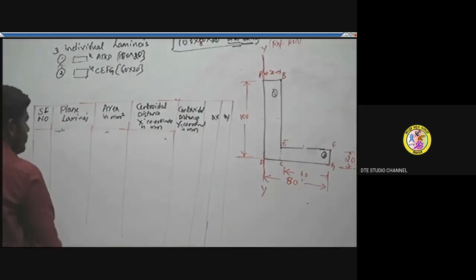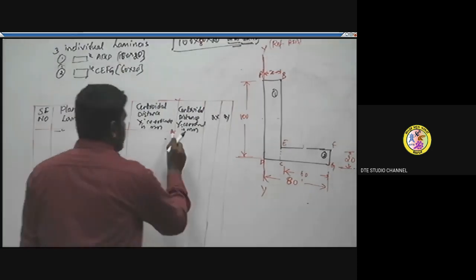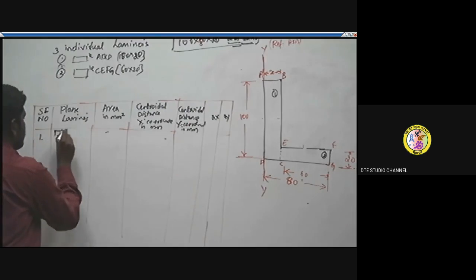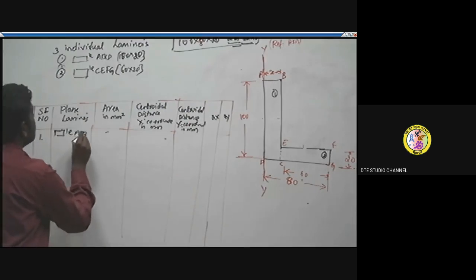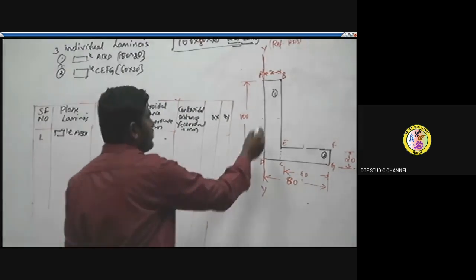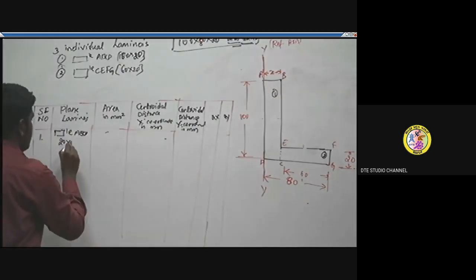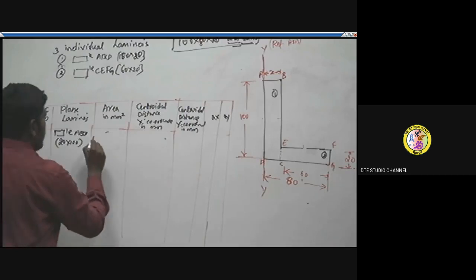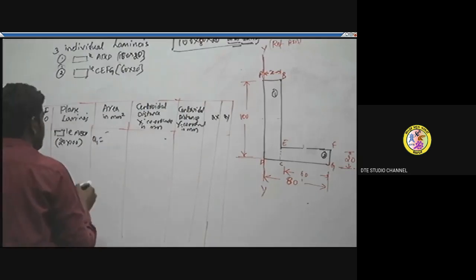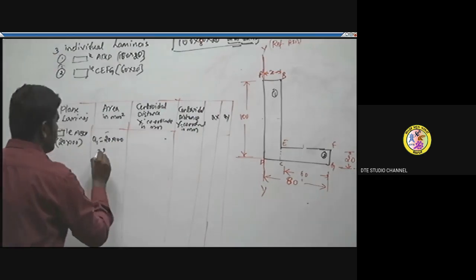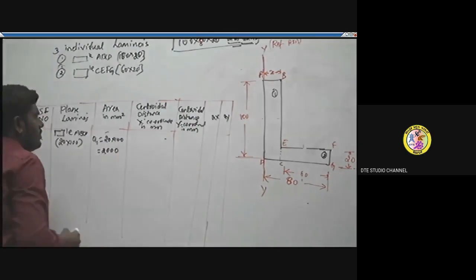First we go with the rectangle lamina ABCD. It is of cross section 20 cross 100, so its area will be 20 into 100, that is 2000 millimeter square.